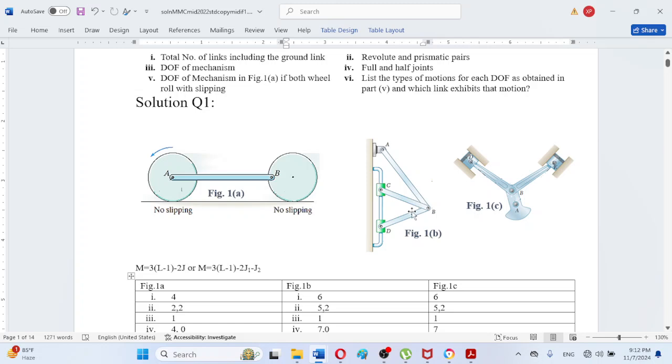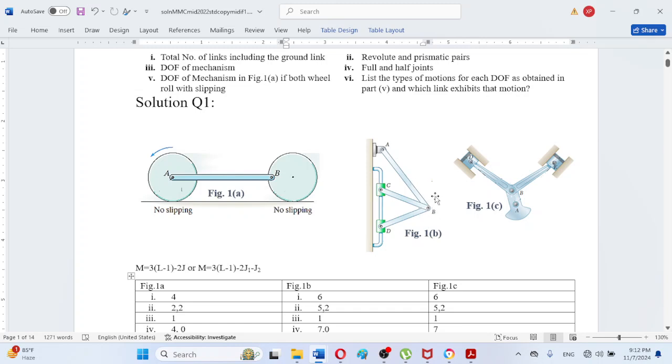So the order of the joint is equal to the revolute pairs at this point, because link AB and link CB can independently move relative to each other, and link CB and link DB can independently move relative to each other. So here are 2 revolute joints.